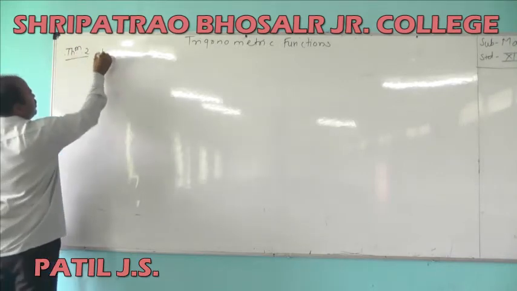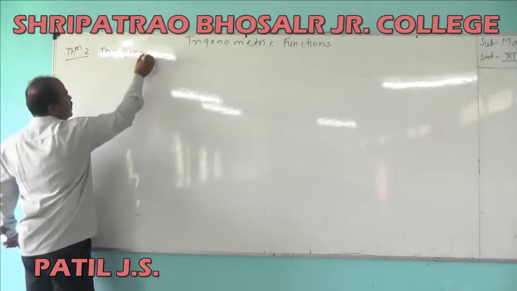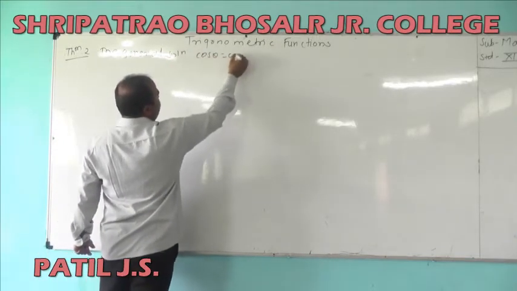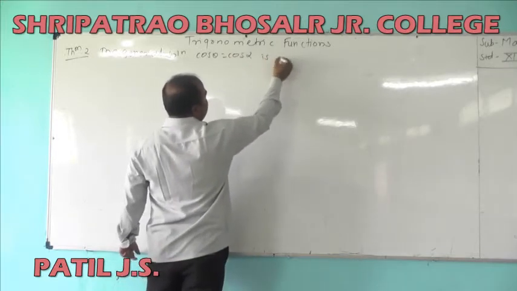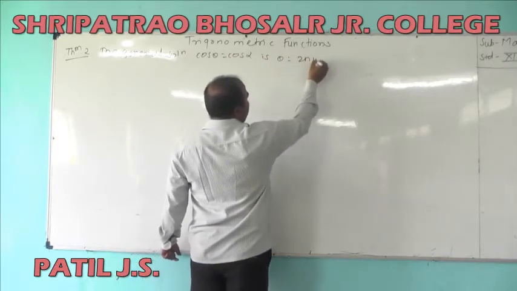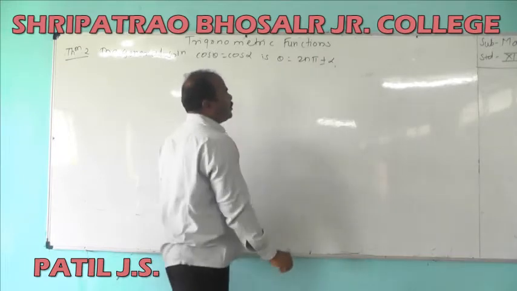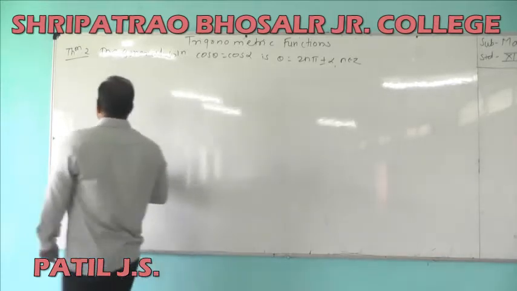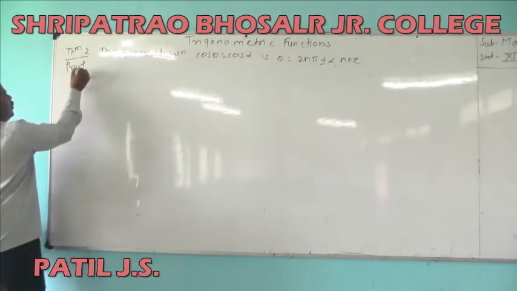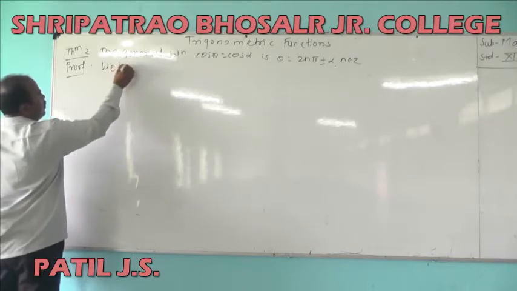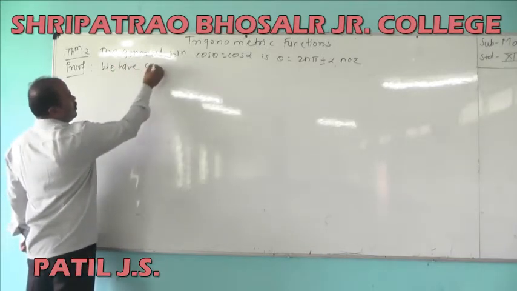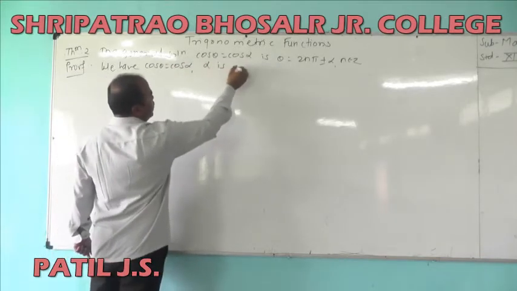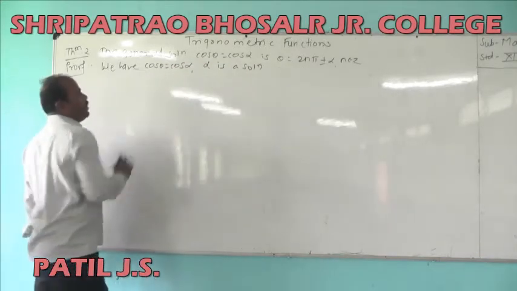Theorem second: the general solution of cos theta is equal to cos alpha is theta is equal to 2n pi plus or minus alpha, n belongs to Z. Given cos theta is equal to cos alpha, alpha is a solution of this equation.